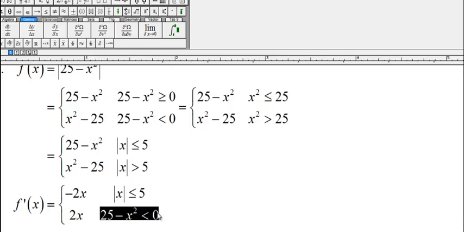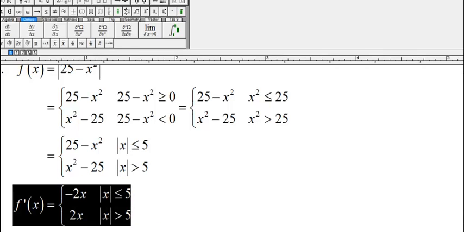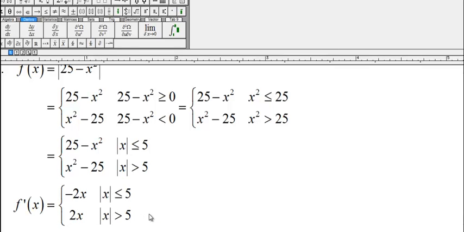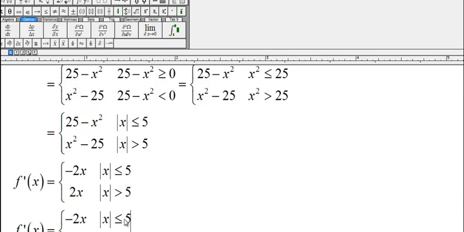Okay, so that's the derivative, and then from there we can do the second derivative. Okay, actually, take this back. Notice that if x equals 5 or negative 5, these don't match.